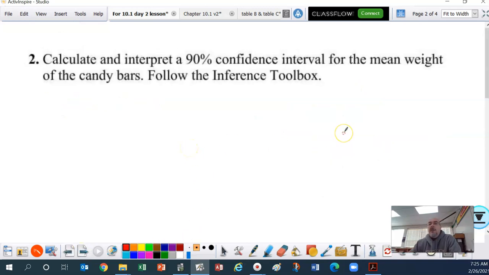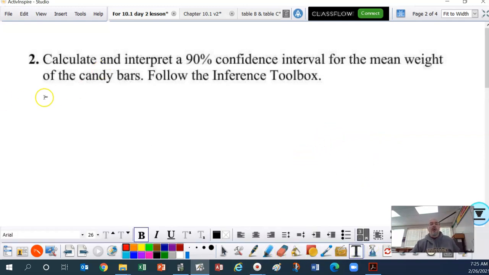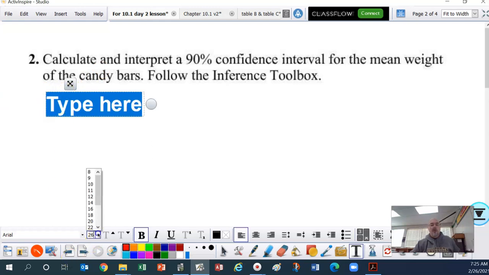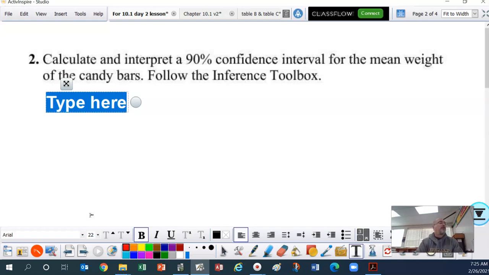Calculate and interpret confidence intervals for the mean weight of candy bars. Follow the inference toolbox. All right, step 1, remember, we begin with the parameter.